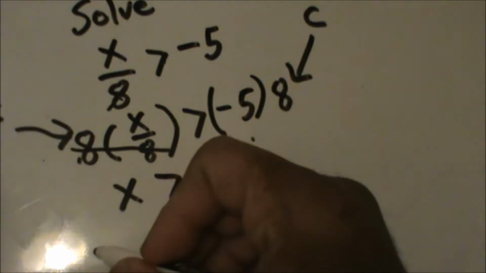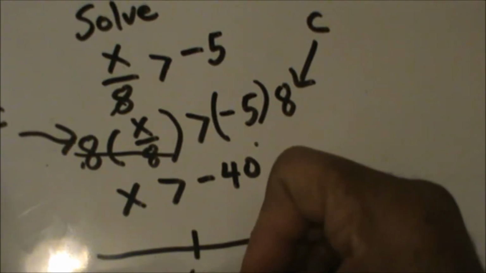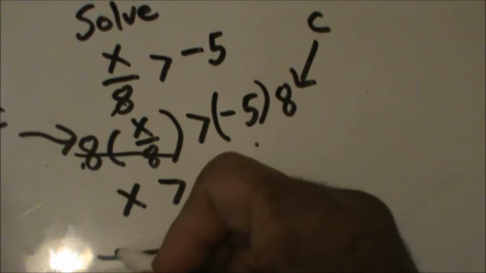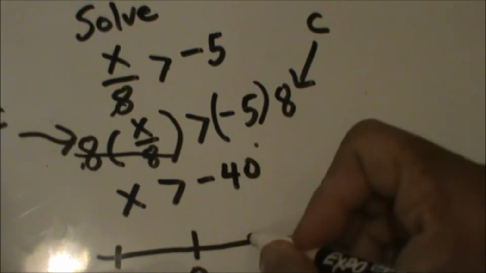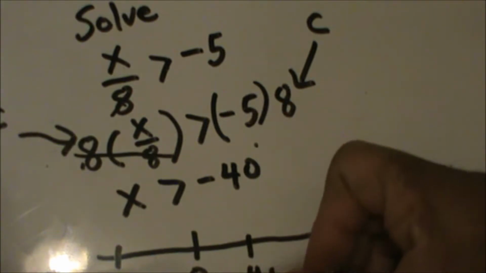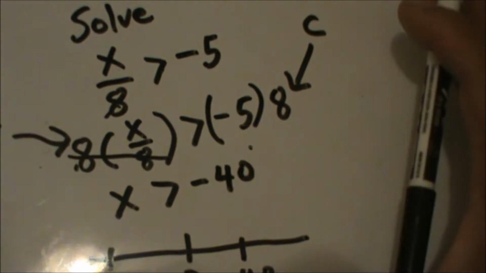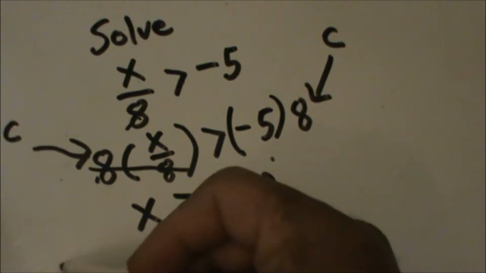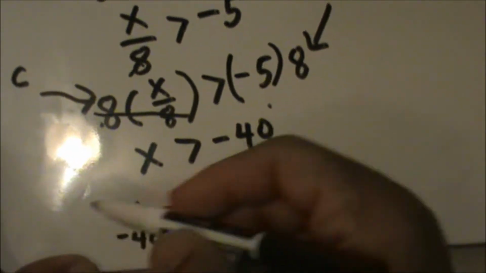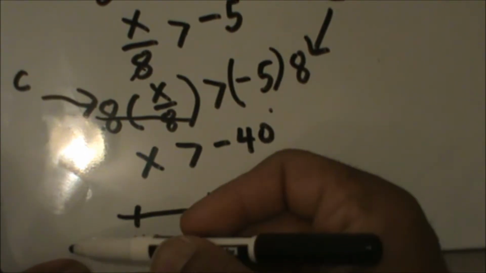Now, all the numbers that are greater than negative 40, I'm going to graph like this. If we go in this direction, you have negative 40, negative 41.